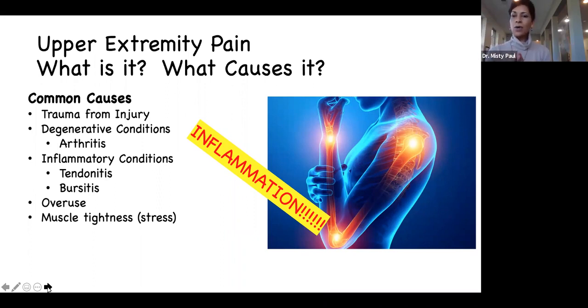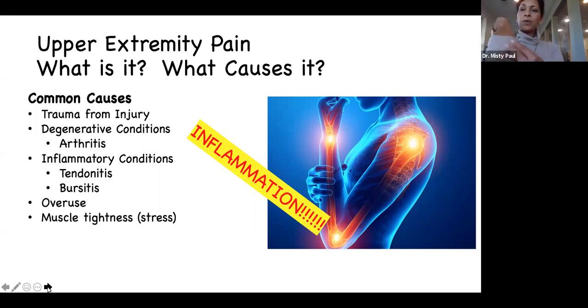Many times what I see in the clinic is that it's from poor posture. So we've talked a lot about this. Poor posture meaning head overhanging the shoulder, not being in neutral position. But it could very easily be if you are resting your elbow for long periods of time, resting your head in your hand.